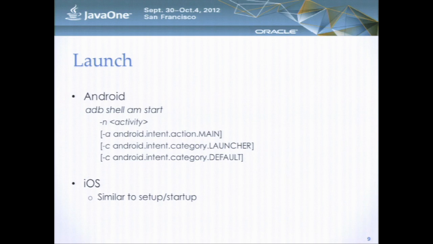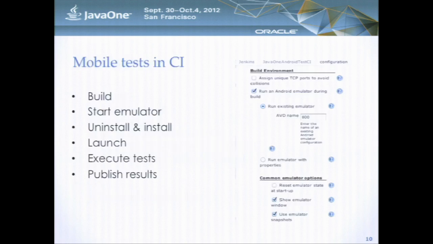So we've seen install, launch, and setup. How does that all fit into Jenkins CI? Sorry about that. For mobile tests in CI, the first thing is a standard thing. You have to create a new job project, and you want to have build triggers. You want to have build steps, right?